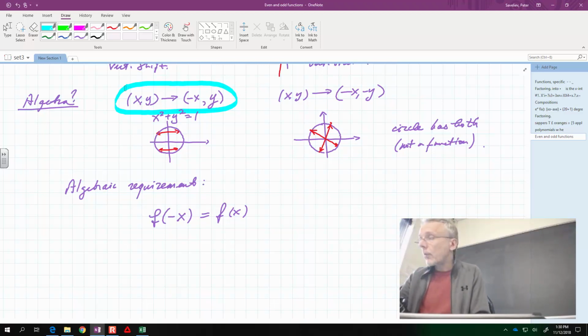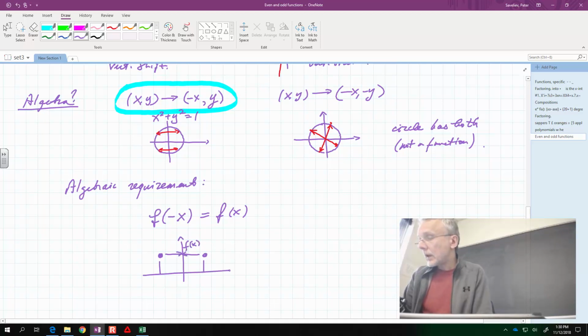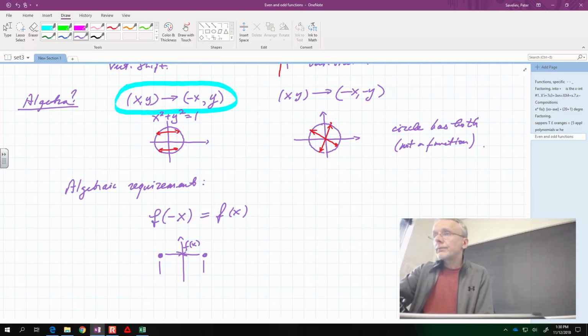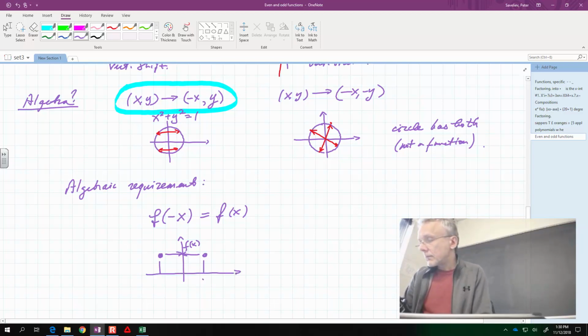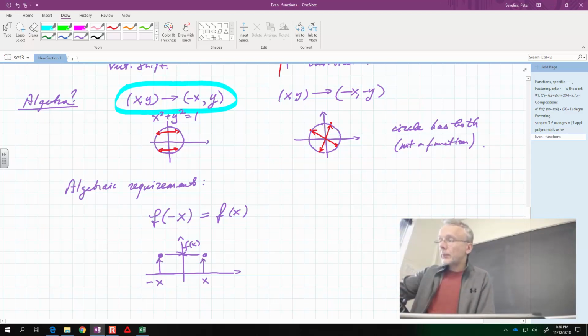Okay, so a point, if our starting point here is like this. This is f of x over here, and this is x, and this is negative x. Then one point flips over to the next location, and it's supposed to produce the same y.